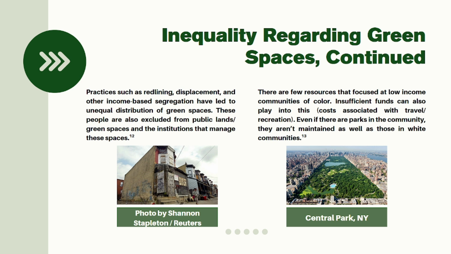So, in around 1825 to 1857, there was a predominantly Black community living in the land that is now Central Park in New York City. And this community was called Seneca Village. And again, predominantly Black people lived there.